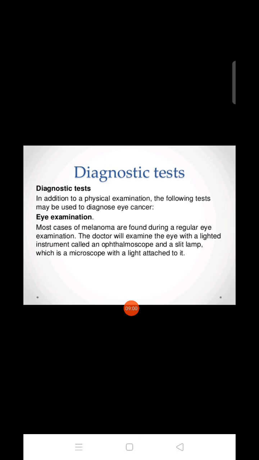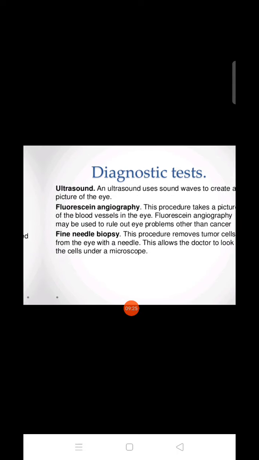The doctor will examine the eye with a lighted instrument called an ophthalmoscope and a slit lamp, which is a microscope with a light attached to it.